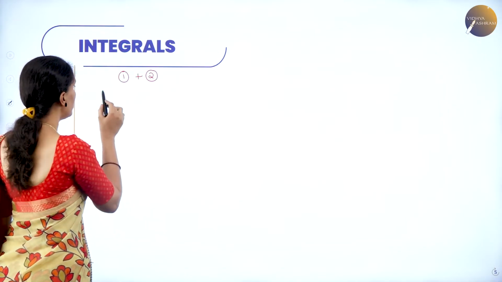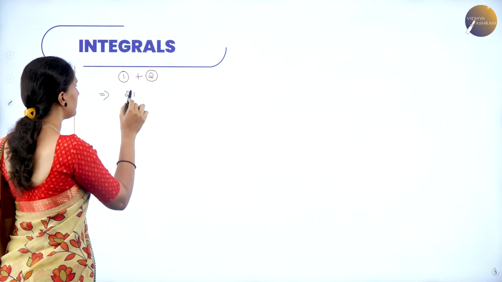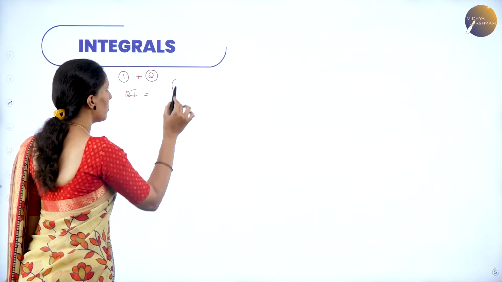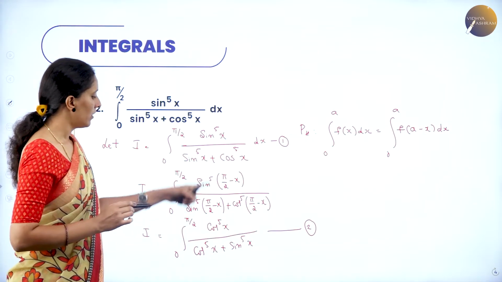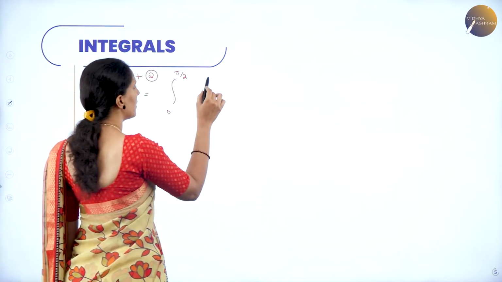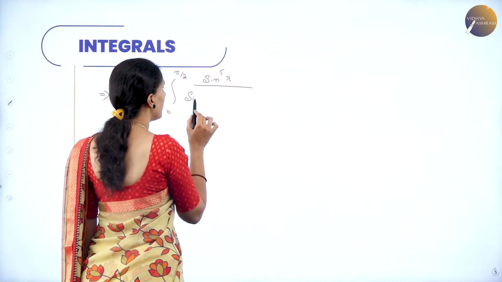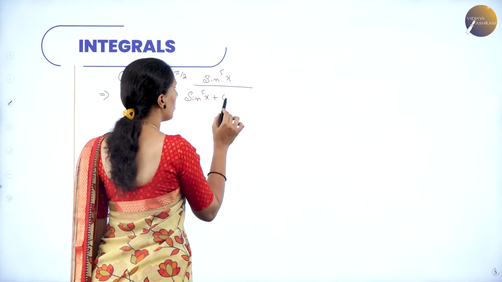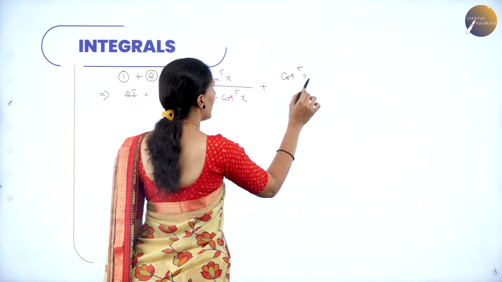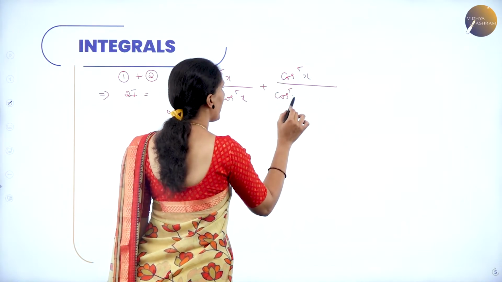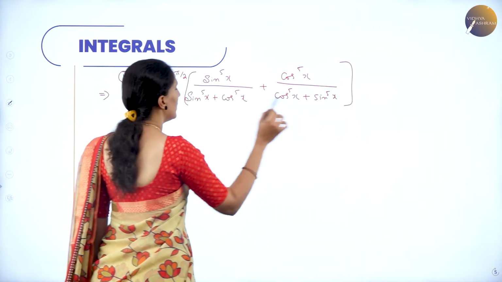Now adding 1 and 2, this implies, on the left hand side I plus I becomes 2I, and the right hand side is the integral from 0 to pi by 2. Since the limits are the same, I can add the values here. So it becomes sine power 5x divided by sine power 5x plus cos power 5x, plus cos power 5x divided by cos power 5x plus sine power 5x, with respect to dx.